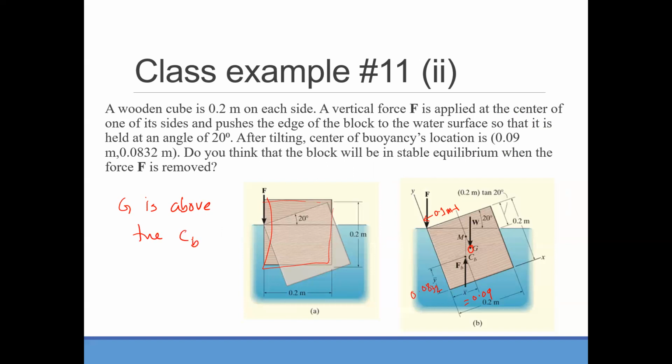This force is going downward and this force is going upward, and eventually they will make a clockwise moment. So yes, it will be in a stable equilibrium position when F is removed.